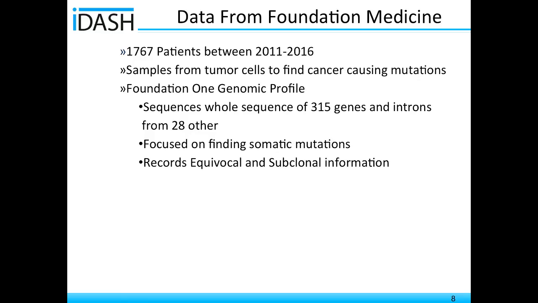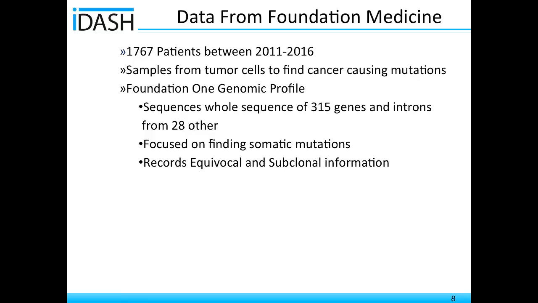So we actually wanted to apply this to a large data set. We received data from Foundation Medicine over the course of 5 years from 1,700 patients. These samples are from tumor cells, essentially sampled from tumor cells to find cancer-causing mutations.